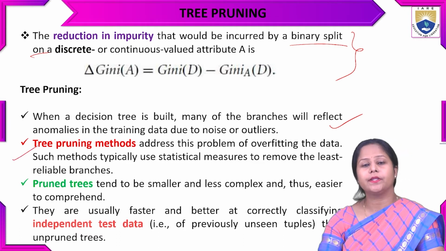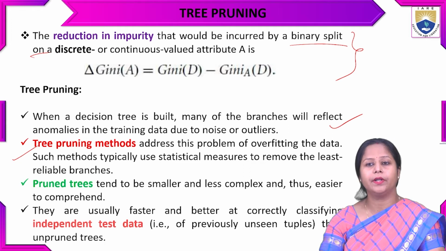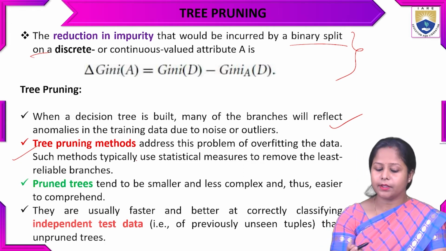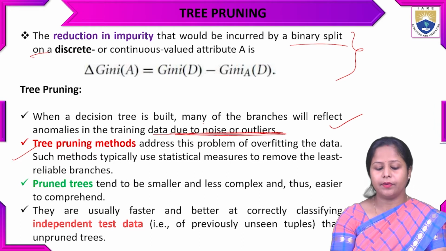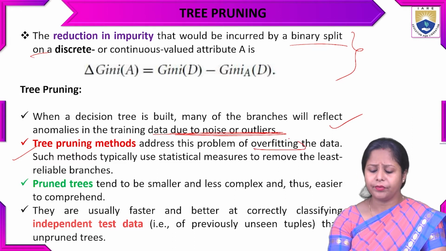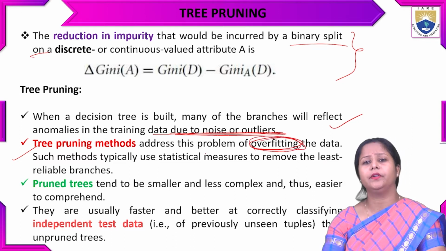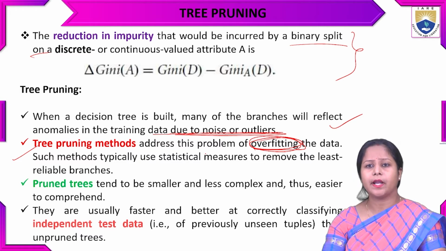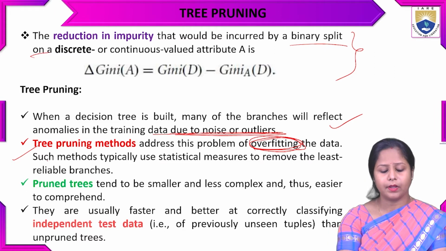Tree pruning methods address this problem of overfitting the data. When the anomalies and outliers are reflected in the training data, that is the condition we call overfitting of data. So to solve this problem we use the tree pruning method.